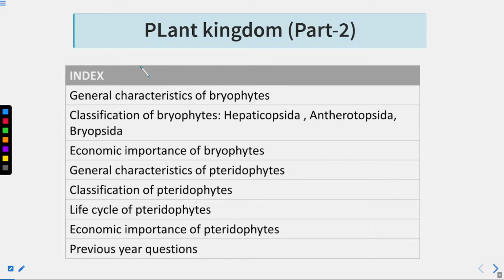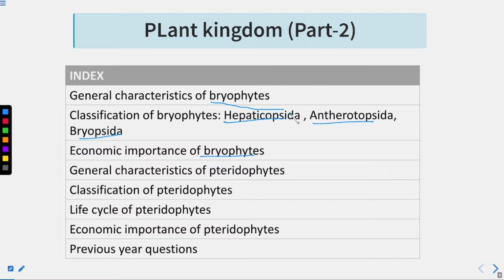So today's topic that we are going to cover is the general characteristics of bryophytes, and classification of bryophytes, that is, it constitutes Hepaticopsida, Anthoceratopsida and Bryopsida. Then the economic importance of bryophytes.